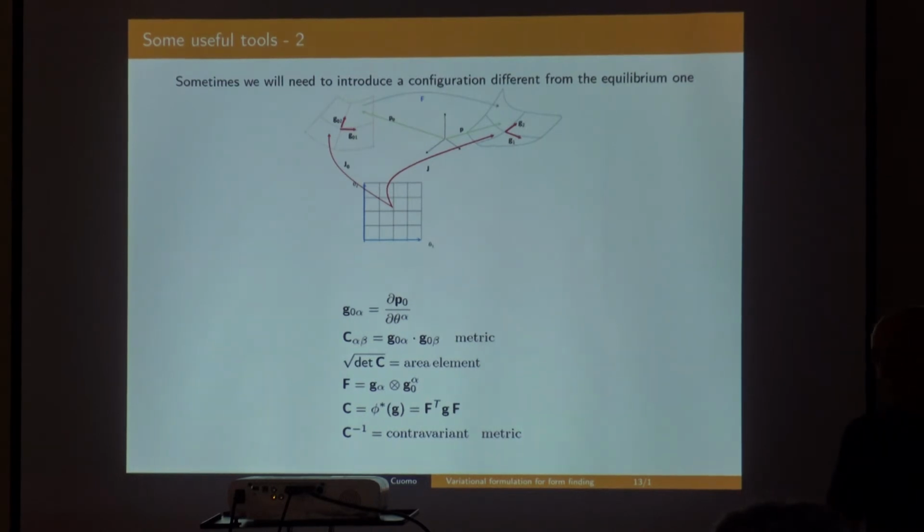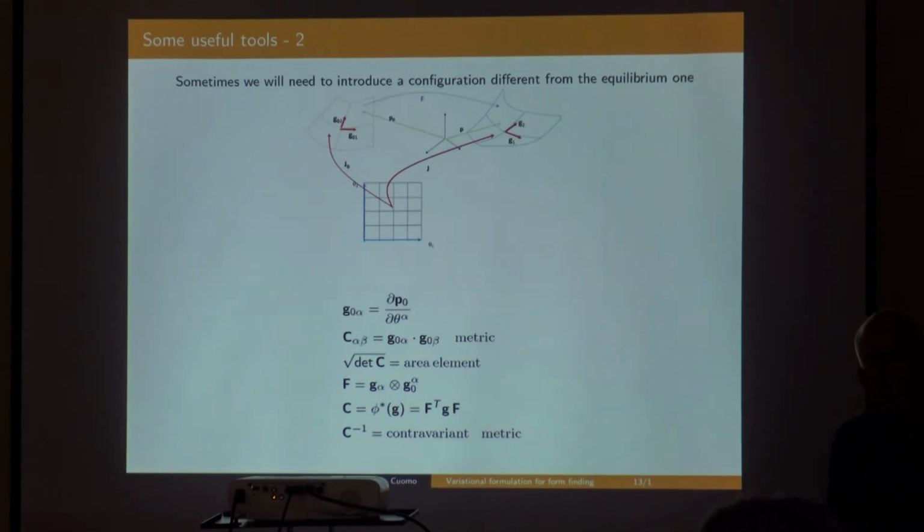However, sometimes, and that's what confused me very much in Bletzinger's works, we can also introduce another configuration, a working configuration, arbitrary, which has nothing to do with a stress-free configuration or a reference configuration. We can refer all the quantities, for instance deformation, stress, and so on, that we find on the equilibrium configuration to some other arbitrarily defined reference configuration, such that there is a continuous transformation from this arbitrary configuration to the equilibrium one.